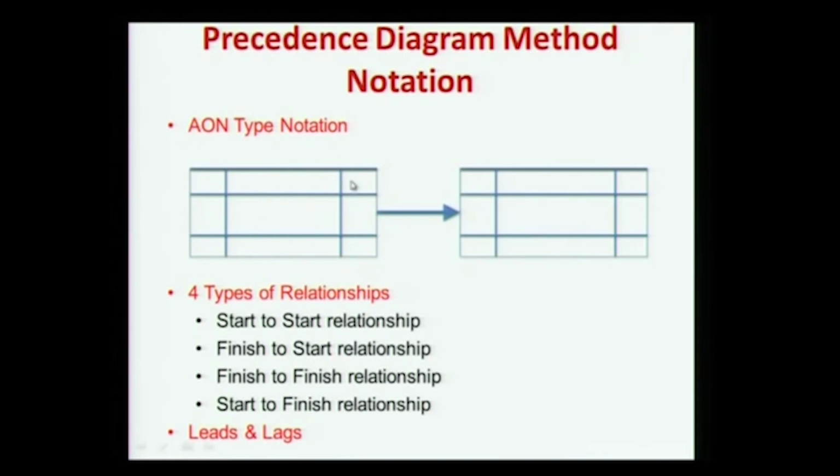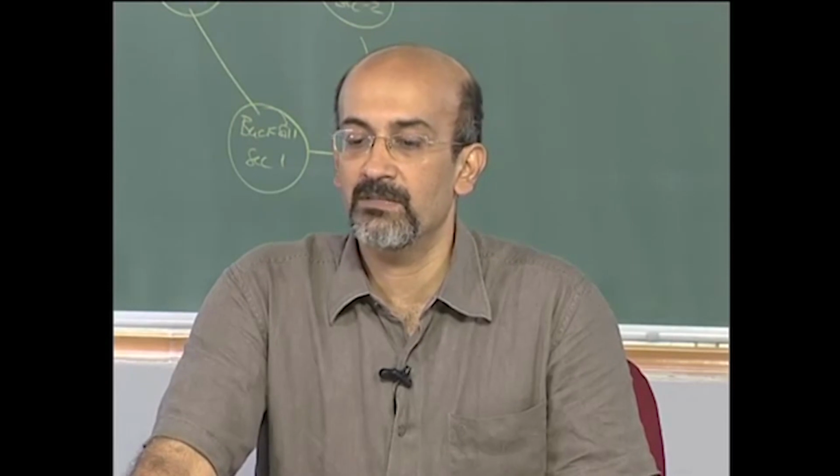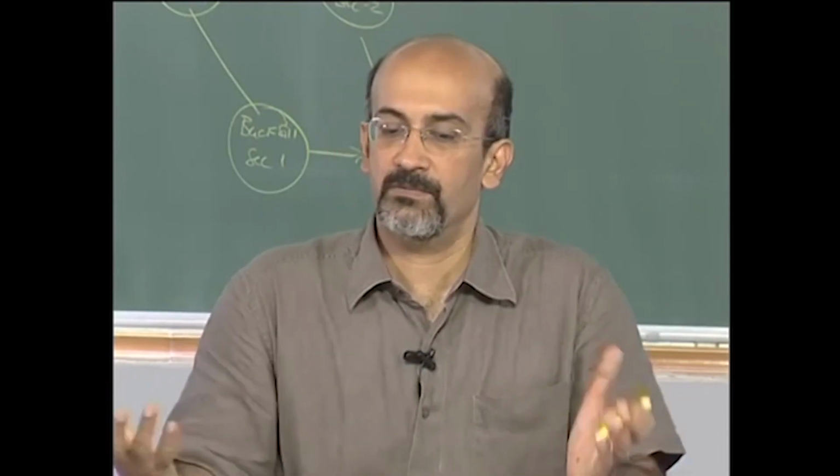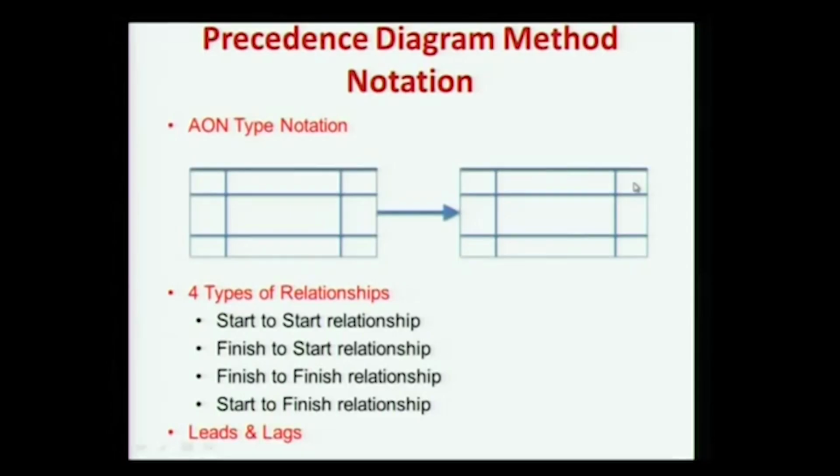Different software and different methodologies will use different values in these boxes, but I have not put any specific value because it depends on the kind of tool we use.